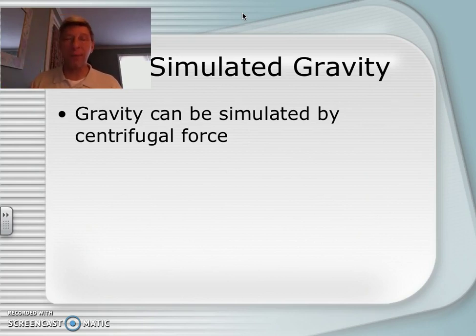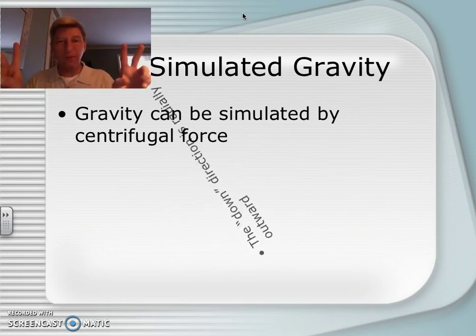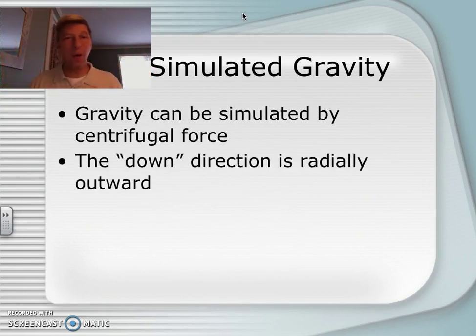It turns out that this is where centrifugal force might actually come in. Now remember, centrifugal force is a fictitious force, but you still feel like you're being pushed outward in a spaceship. And so any space station or any ship that's traveling long distances through space is going to have to rotate in some way in order to simulate gravity.